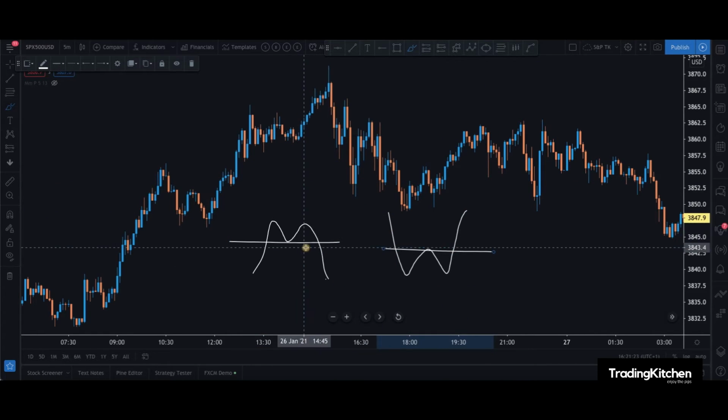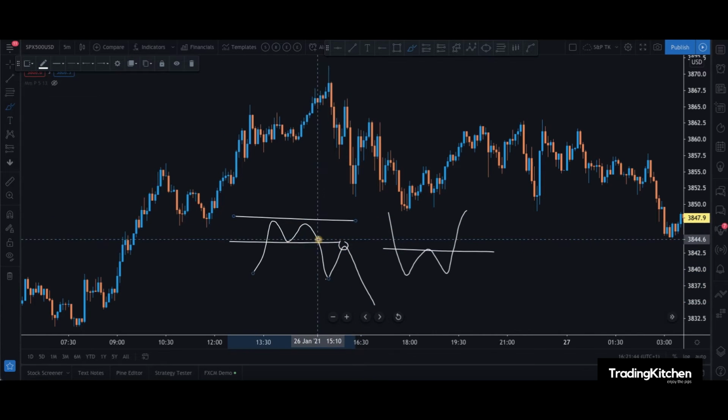This will be so much easier to see. Where can we enter? Here on the retest, not here and not here, not here and not here and not here.